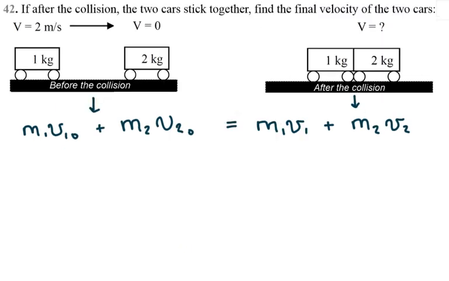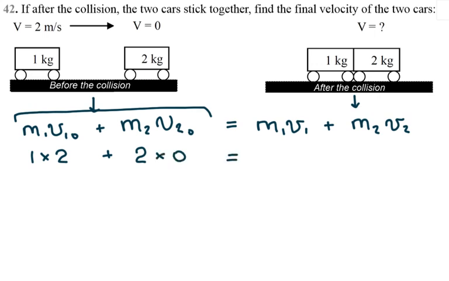So for this problem, we have the same conservation of momentum. There's going to be a collision, but in this case, mass 2 is not moving. So for before the collision, I have m1v1 sub 0 plus m2v2 sub 0, and I'm going to plug in the numbers. I have 1 times 2 plus 2 times 0. And then after the collision, I have them both stuck together.